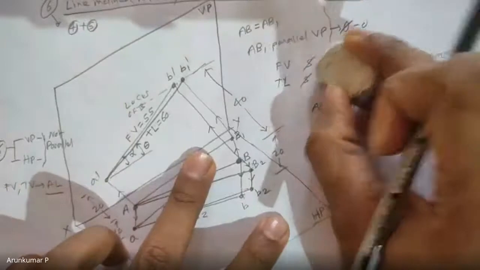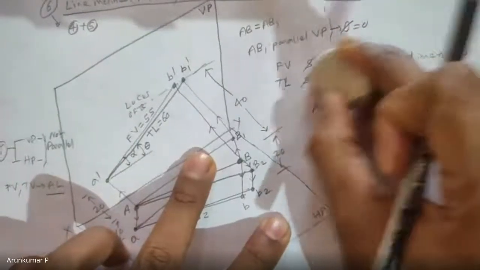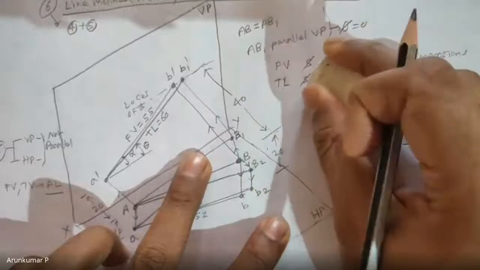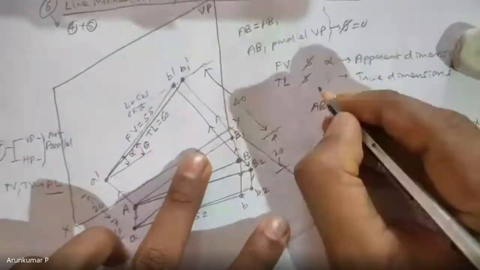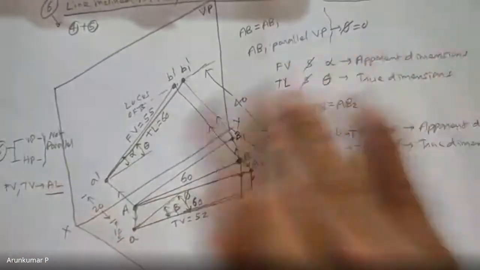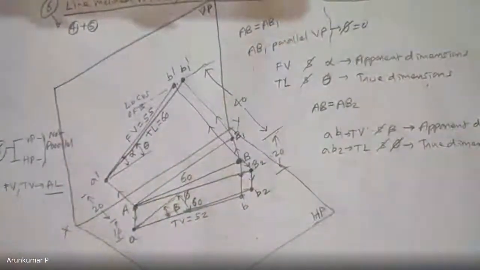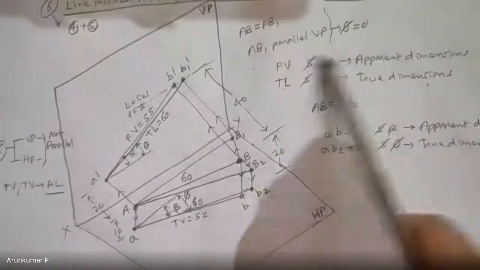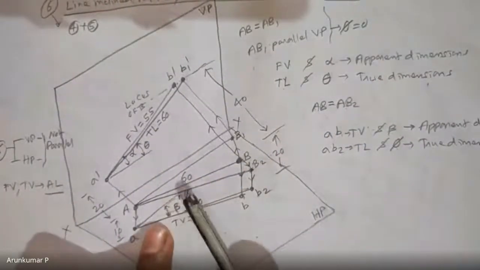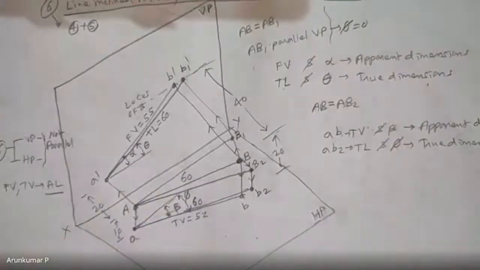I have written here, so please change this. This is not phi. This is theta. That is why I was confused. How come theta phi is coming 2 times? This is theta. So you can see alpha and theta here, and beta and phi here. Yeah, now it is correct.